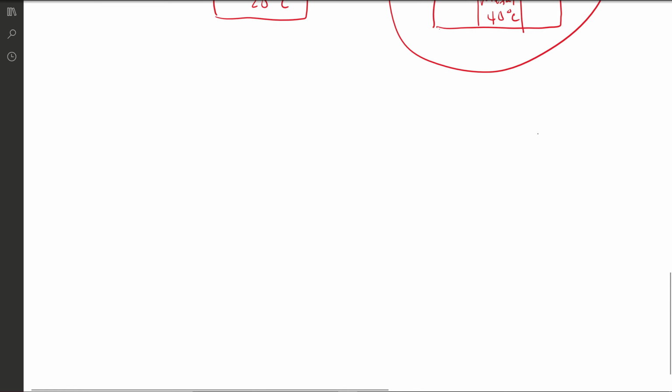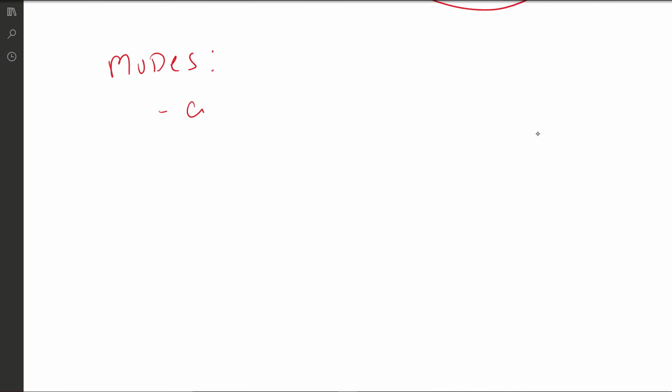Alright, so in talking more about heat transfer, there are some modes of heat transfer. Well, we have what's called conduction, we have what's called convection, and we also have what's called radiation. So conduction, convection, and radiation.